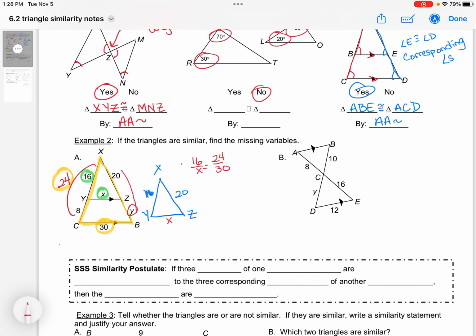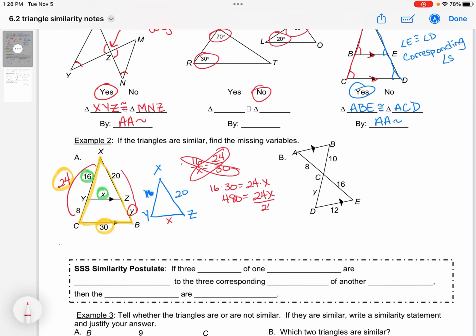And then when you write a proportion, you cross multiply and divide. So 16 times 30 equals 24 times X. 3 times 16 is 48, with a 0.